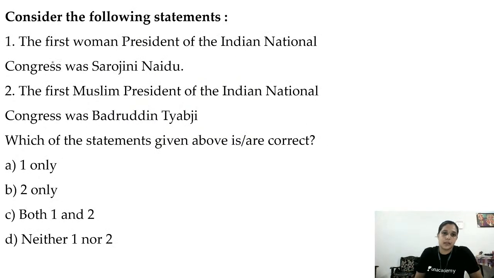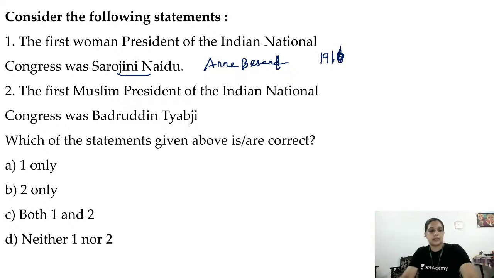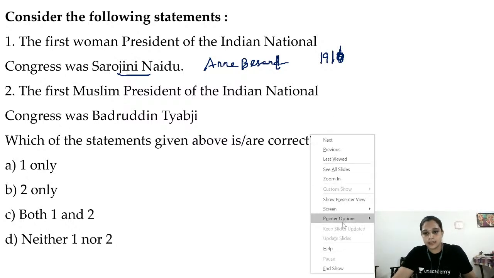Consider the following statements. The first woman president of the Indian National Congress, I just told you, Annie Besant. Because Annie Besant was president only in 1917. Okay, 1916? Wait, sorry.